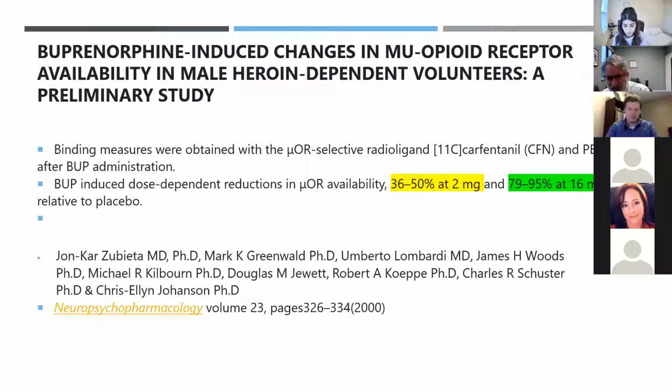They saturated the receptors with radio-labeled carfentanil, and then they added buprenorphine, and the buprenorphine displaced the carfentanil. So at 2 milligrams, 36 to 50% of the receptors were displaced. And at 16 milligrams, 79 to 95% of the receptors are displaced.